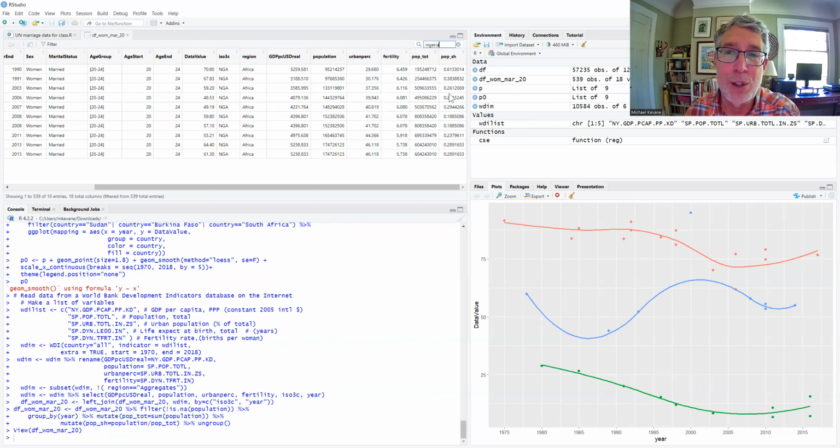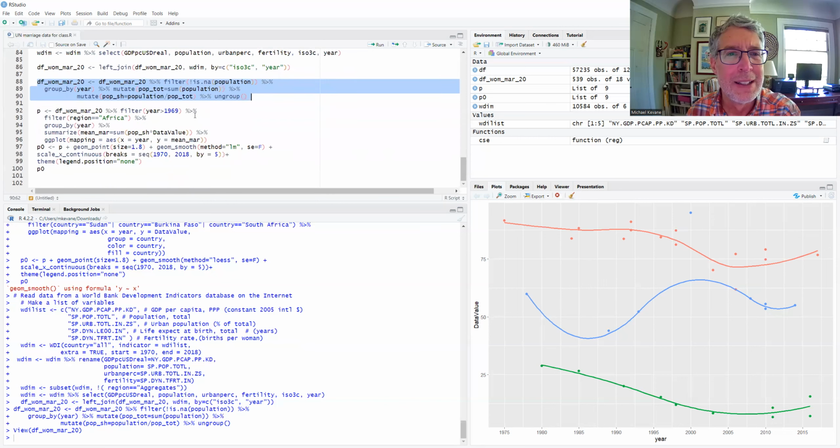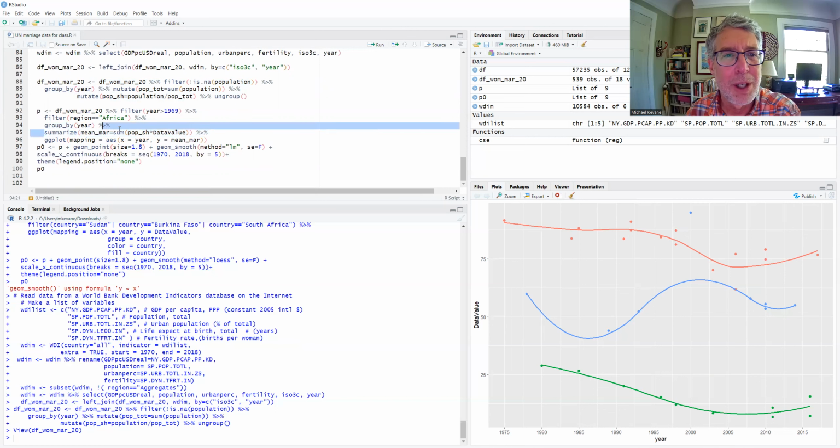Nigeria's population share is about 20 to 25%, which is presumably closer to what it should be. I think Nigeria is getting close to 200 million. So it's about 20% of the African population, which is about a billion. So that makes sense. So that's our weight. And notice now we're going to group by year, and then we're going to summarize to calculate the mean marriage.